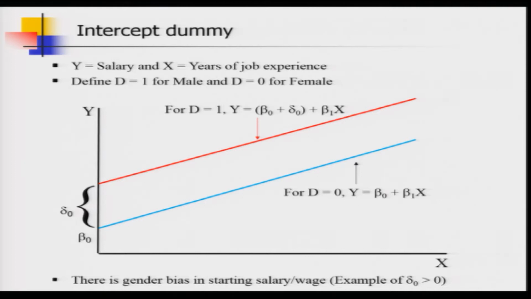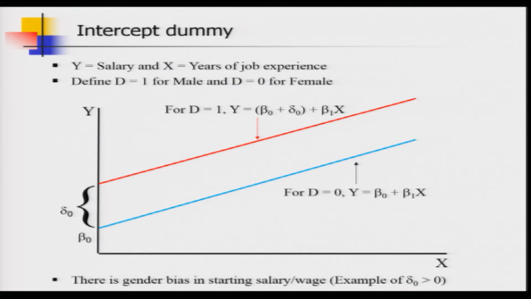Of course, it is a continuous variable. So, x equal to 0 means that the candidate or participant in the labor force has 0 job experience, so whatever he or she gets in terms of salary will be called the starting salary. Okay, fine. Now we define the dummy variable D, which will take value 1 for male and value 0 for the female participants.